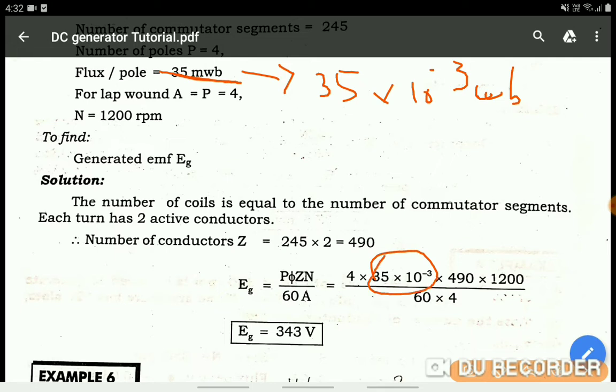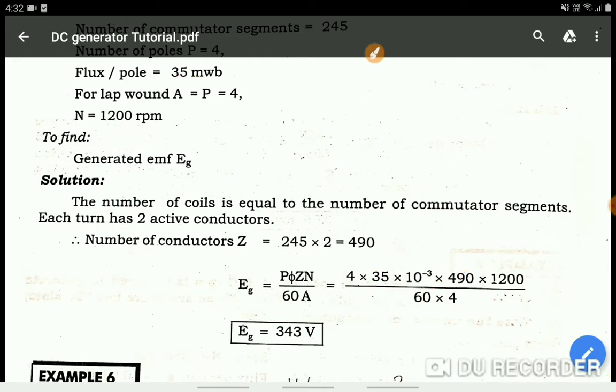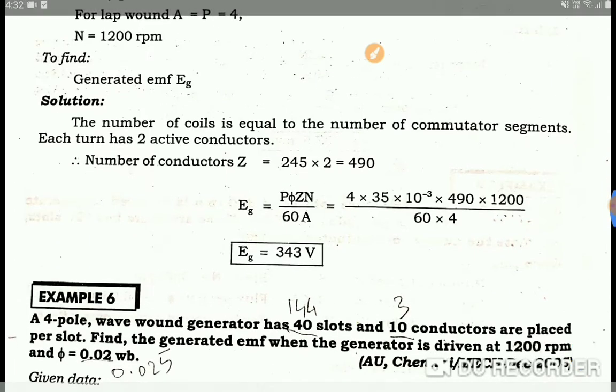All others are the same substitutions. From this, EG equal to 343 volt. Mere substitution of all the information given. Do it yourself and practice yourself. Well, thank you. We'll pass on to the next example.